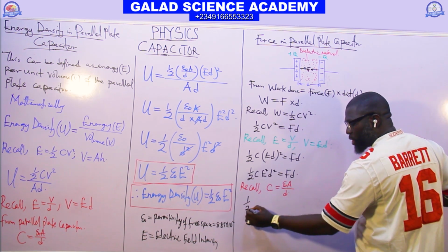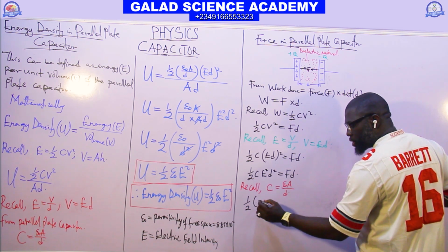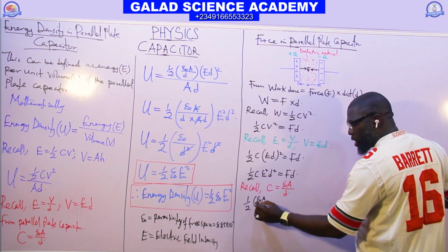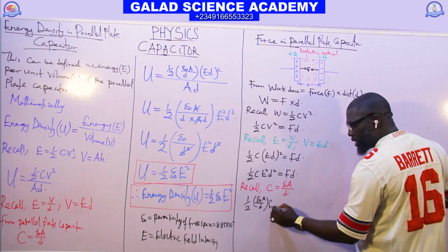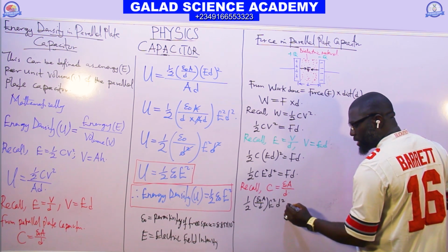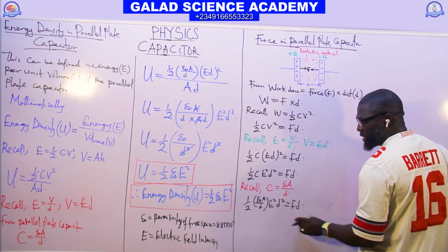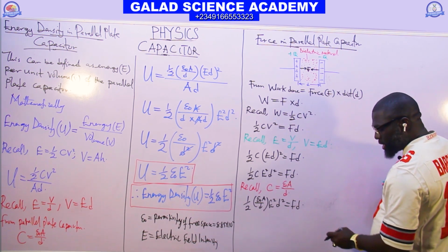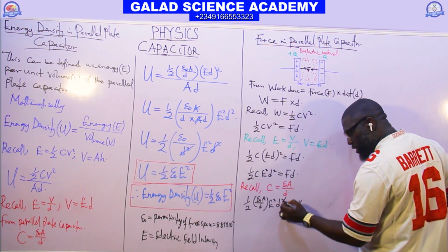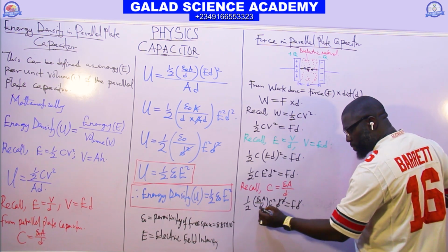I will have 1 over 2 times epsilon naught A over D, into E squared D squared, equal to FD. So this D will cancel the D here, and the second one will cancel by this.